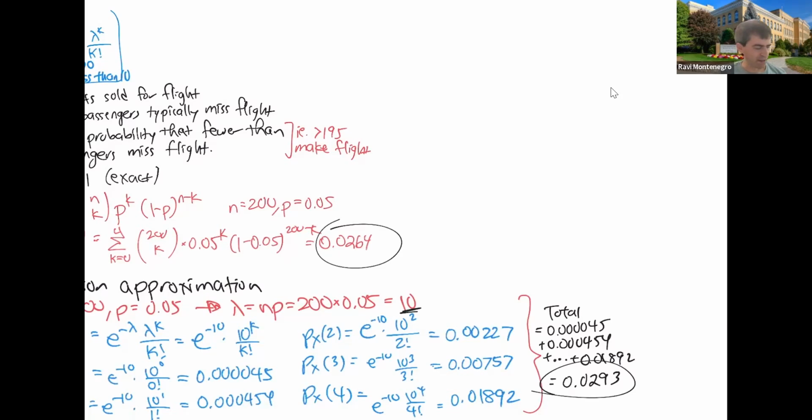Okay, let's look at another example with Poisson. This is taken from an exercise in the book. This is looking at a medical study and mistakes being made in prescriptions.